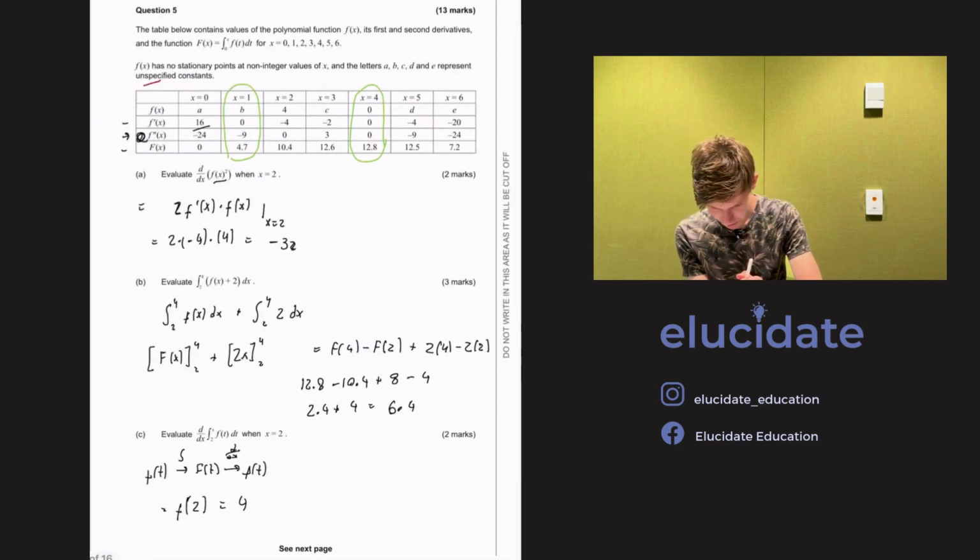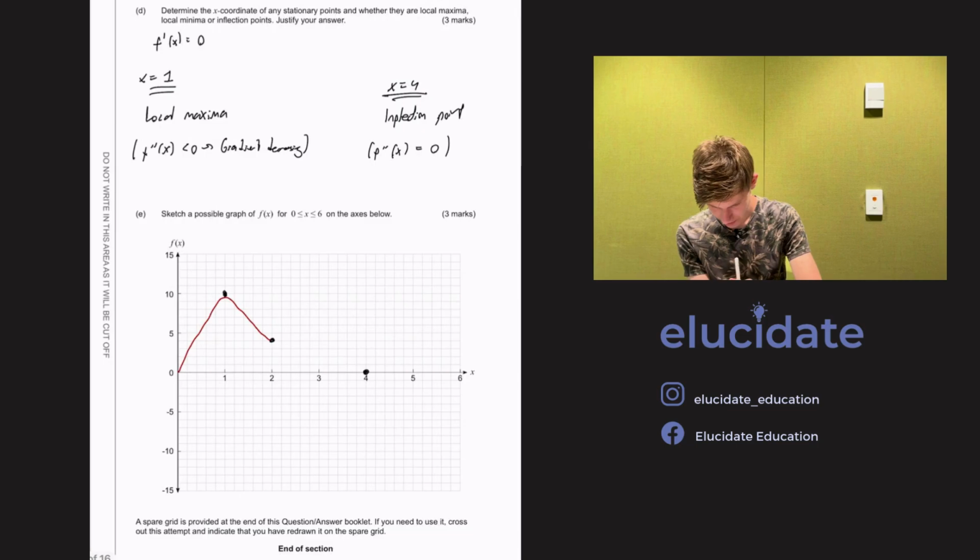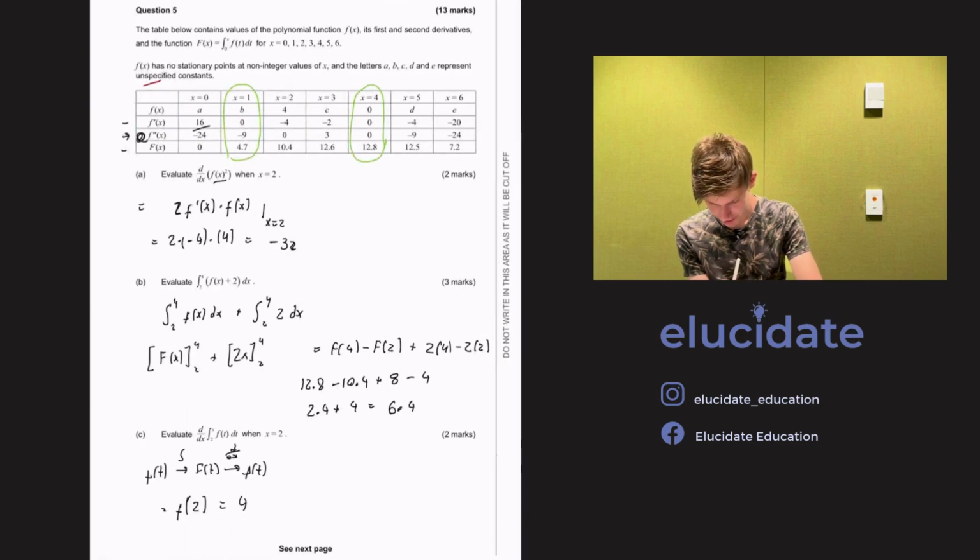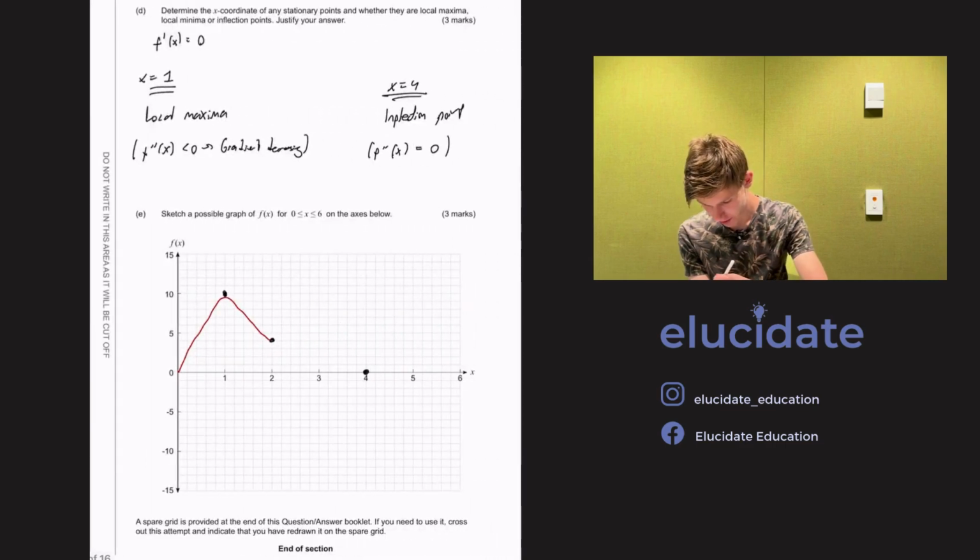All right, now for x equals 2, we already have that marked in. For x equals 3, we can see that the gradient is negative, but it's getting less steeply negative, but we don't really have any other information apart from that. So we're just going to assume that it is steadily decreasing, maybe a little bit more gently, down to here.